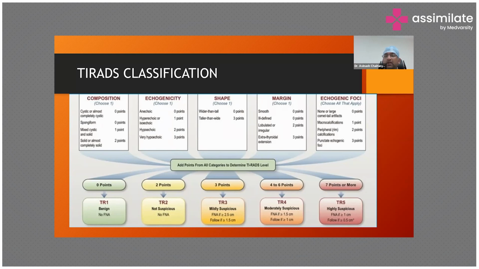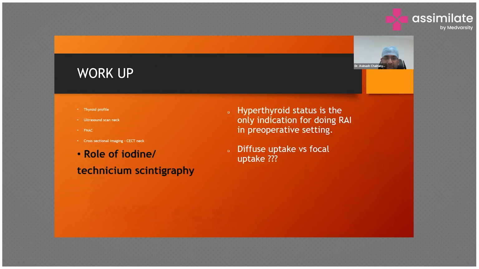And also, if you see microcalcifications and punctate foci, they are more likely to be malignant. Having dense macrocalcifications is generally benign. So based on this, everything is given a point, and then you have TIRADS 1 to 5, in which 5 is the most suspicious and 1 is mainly benign.